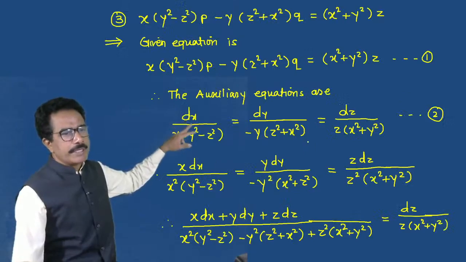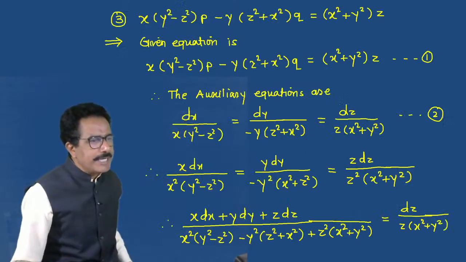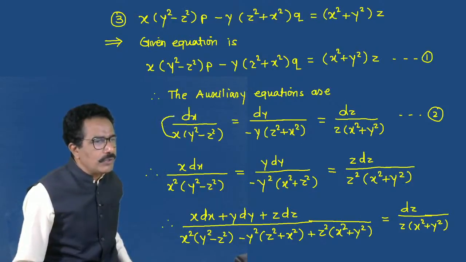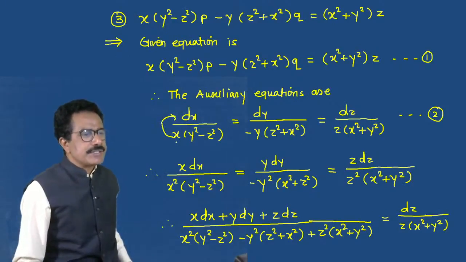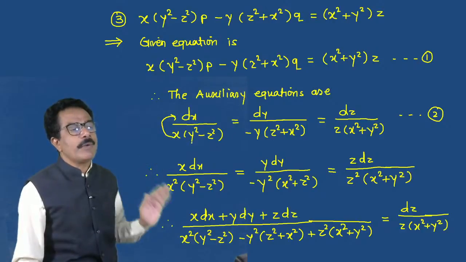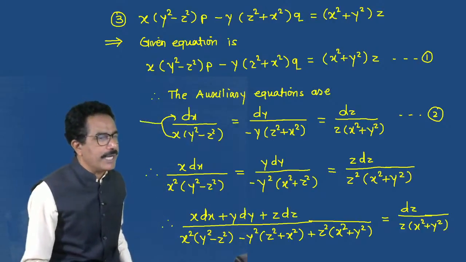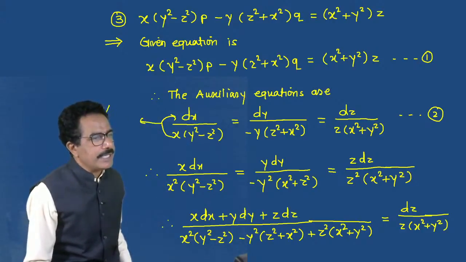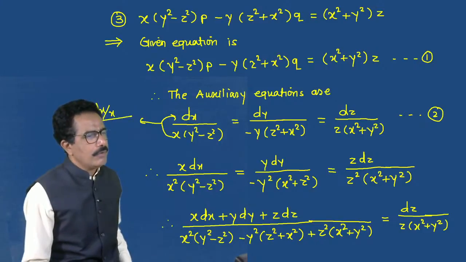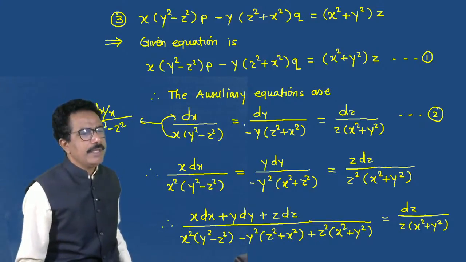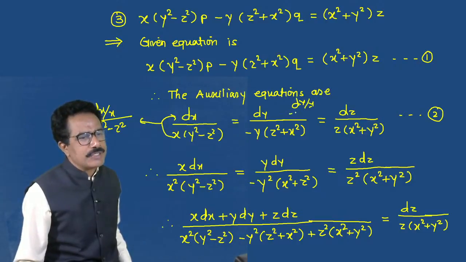Again we shall move towards the second equation. Now we have to write dx divided by x times (y square minus z square). Similarly, we can write dy upon minus y divided by (z square plus x square).